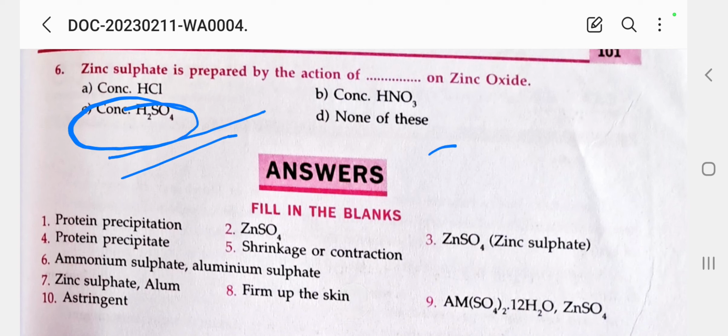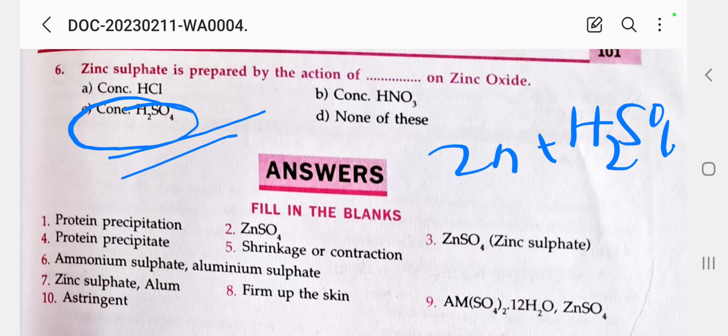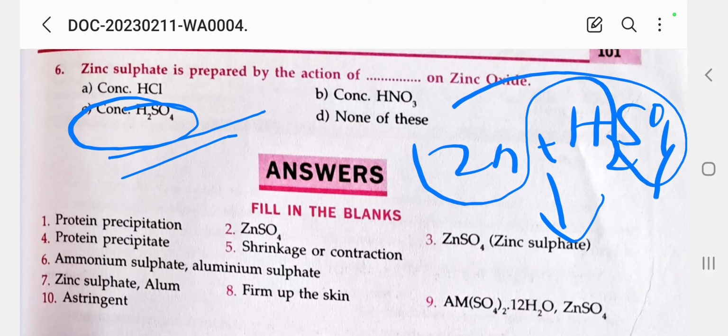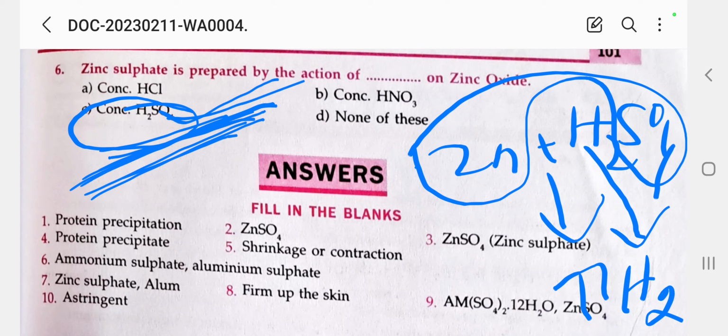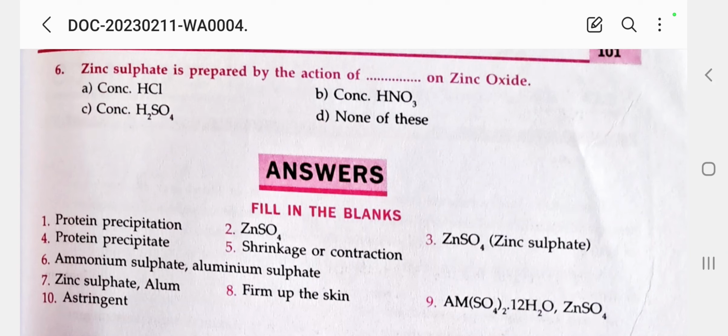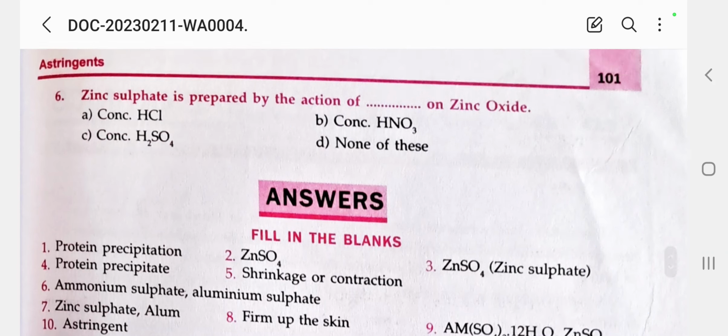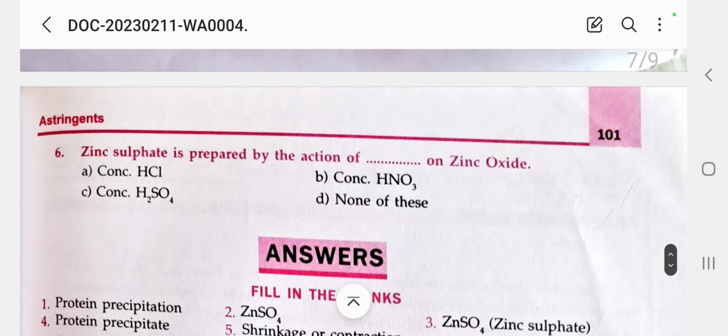Zinc when treated with sulfuric acid forms zinc sulfate, releasing hydrogen. So the correct answer is concentrated sulfuric acid.